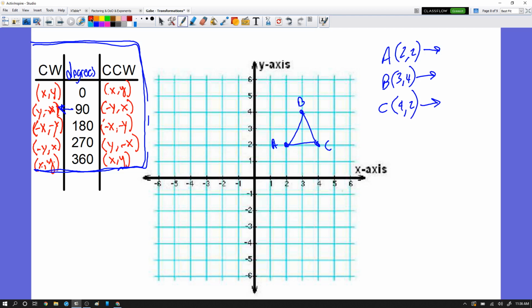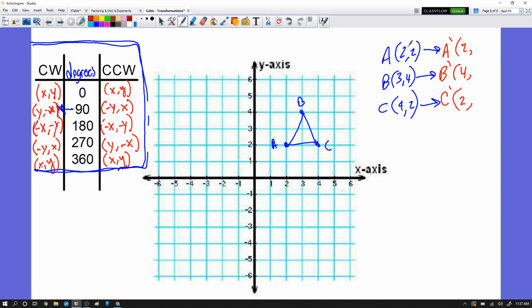A prime, B prime, C prime. Okay, so y, whatever my y value is, so 2, 4, 2. That's going to be my first value. Just using my table. And then opposite of my x value.